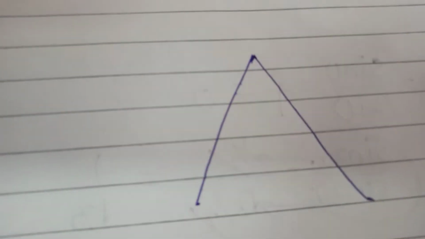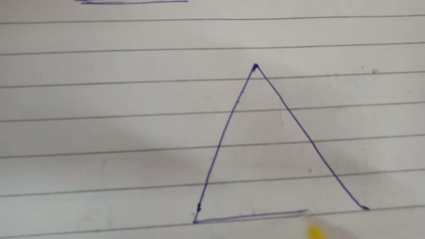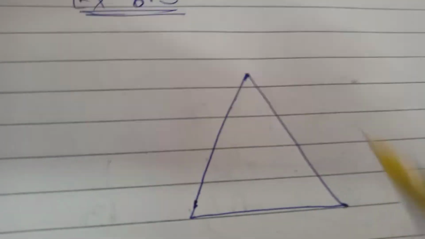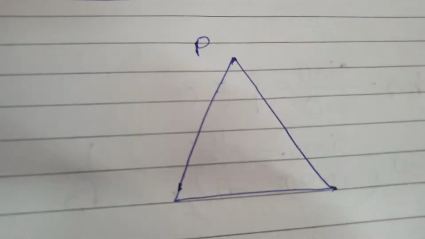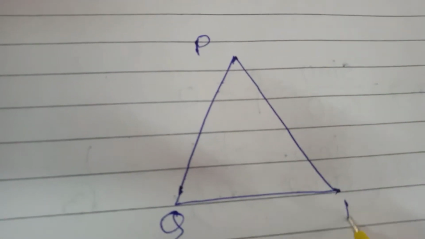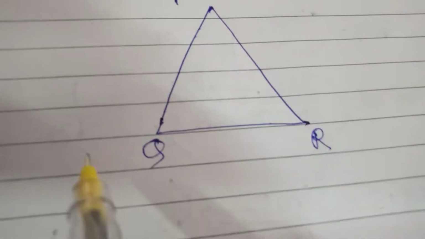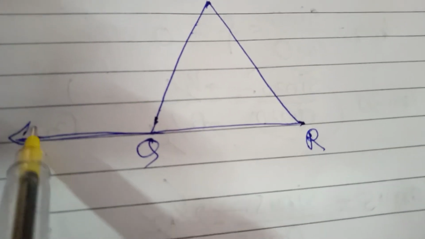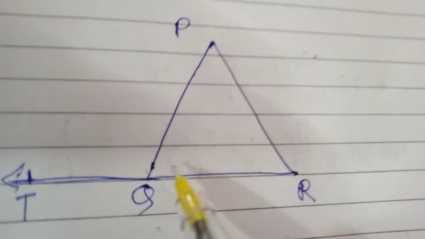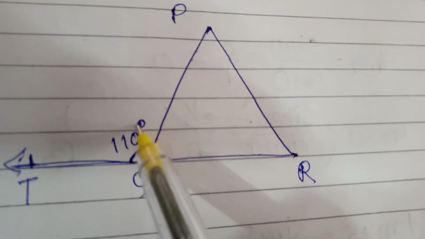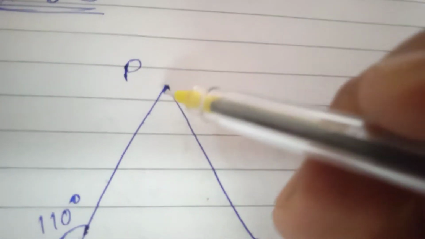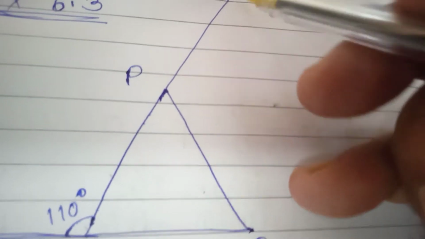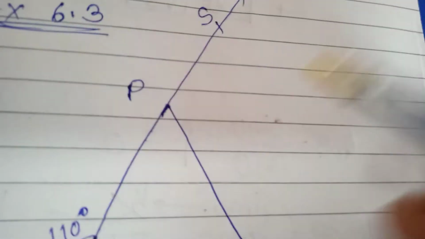See, I am just drawing the figure here because time is very important. Triangle PQR is given here, P, Q and R. Then it is extended from here, and this is T, so it is 110. And then P is also extended from its side, somewhere here it is S, it is 135 degrees.